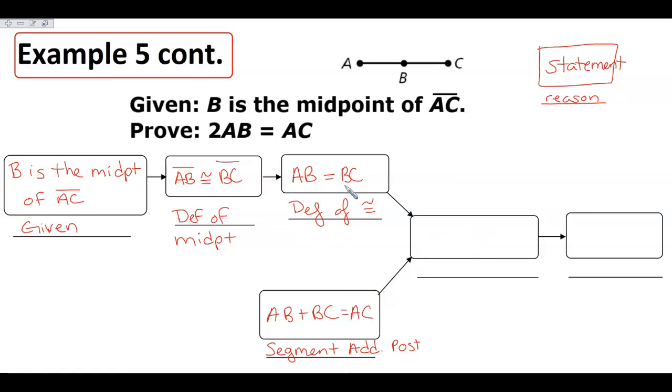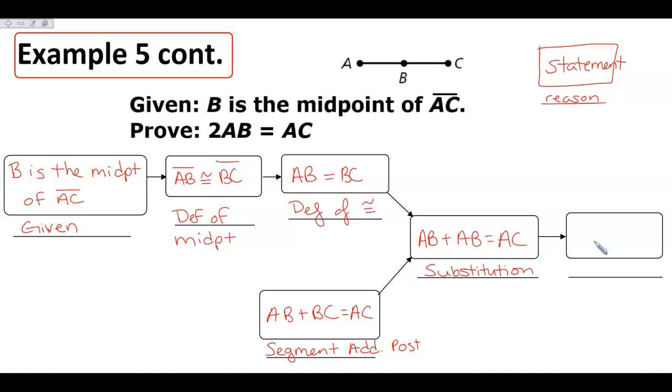Because I need both of these steps to get my line number 5, which was AB plus AB is equal to AC. Okay, anytime you're substituting, you are substituting from 2 steps because you need 1 step to plug into another. So a substitution step should always have at least 2 arrows going to it.